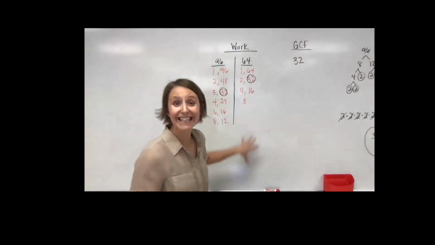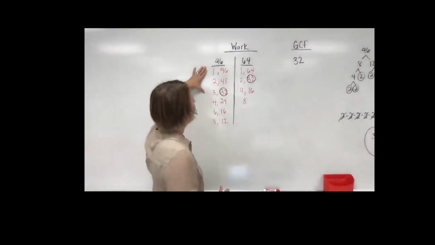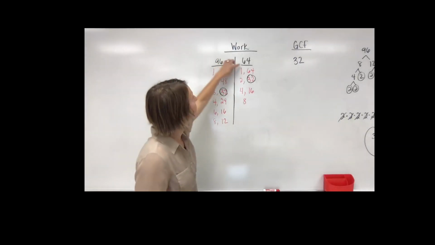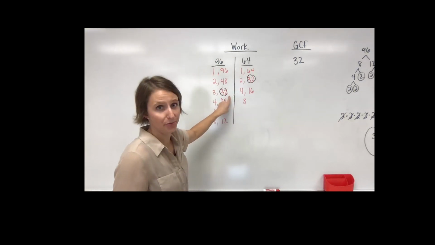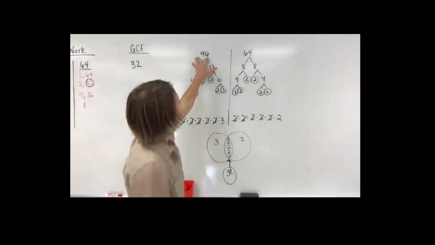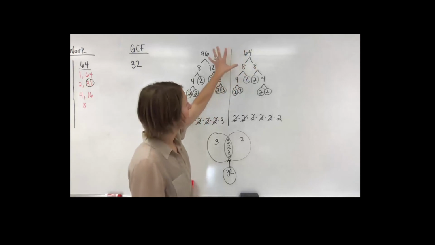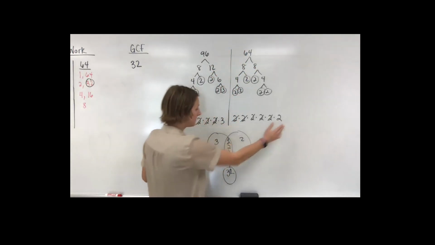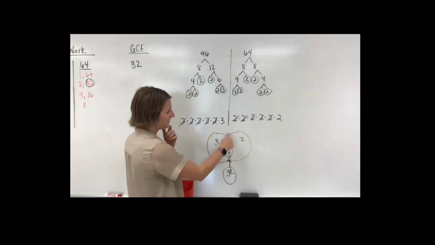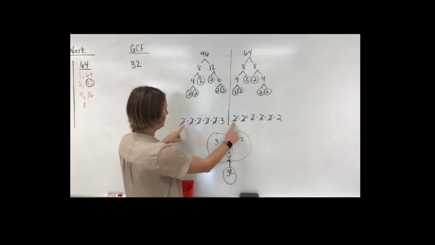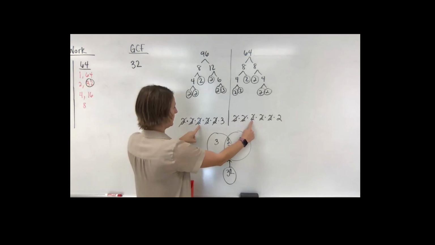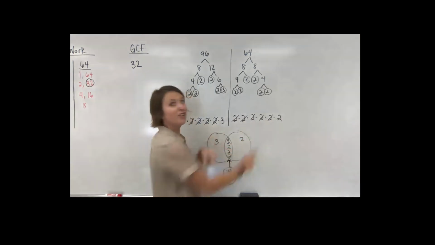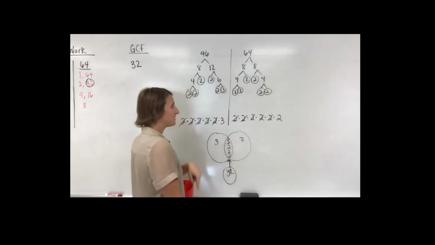All right, so when I listed the factors, I got the GCF of 96 and 64 to be 32. When I took 96 and 64 and used prime factorization, so I broke it down into just prime numbers, the product of primes, I used a Venn diagram to tell me what primes they had in common. They shared 5 2s as prime factors.